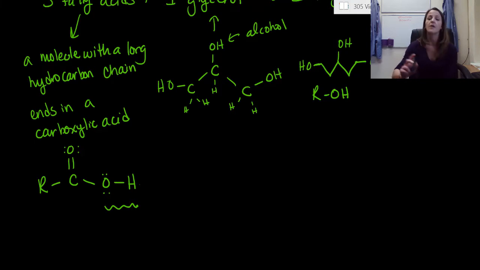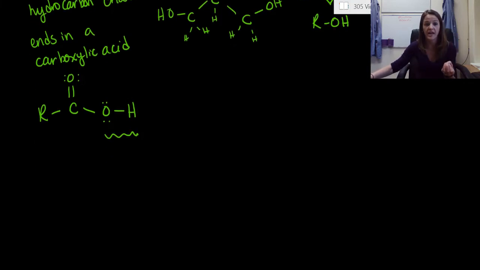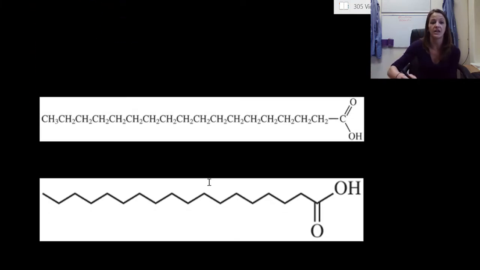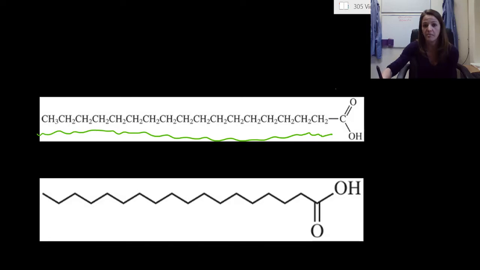They're very different, but they do look similar, so you have to get them separate. All right, 3 fatty acids plus a glycerol create 1 triglyceride plus 3 waters. Don't forget that. All right, so now let's investigate these fatty acids. So these fatty acids have a long, long hydrocarbon chain. All of this is your long hydrocarbon chain, and then bam, right there you have your carboxylic acid.